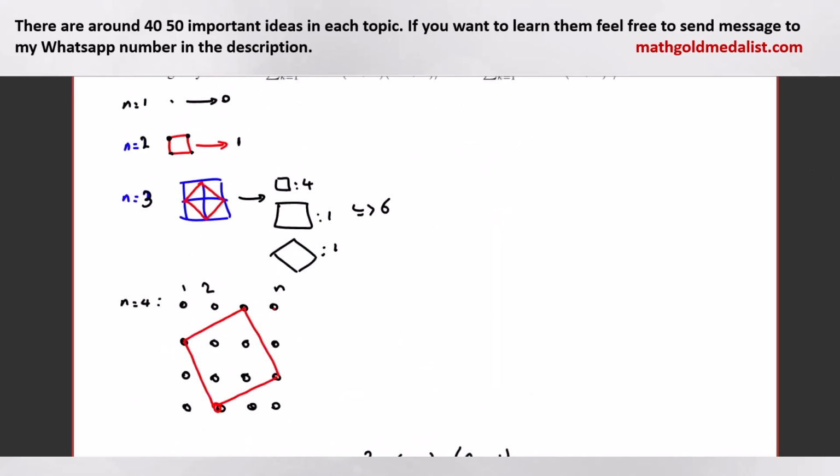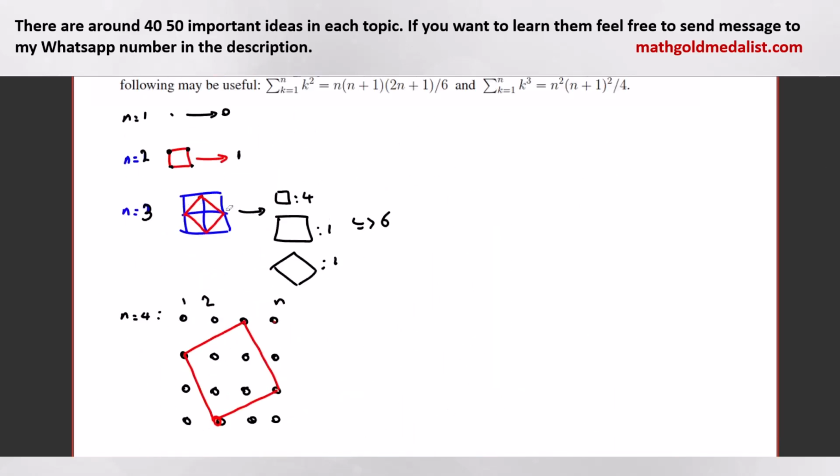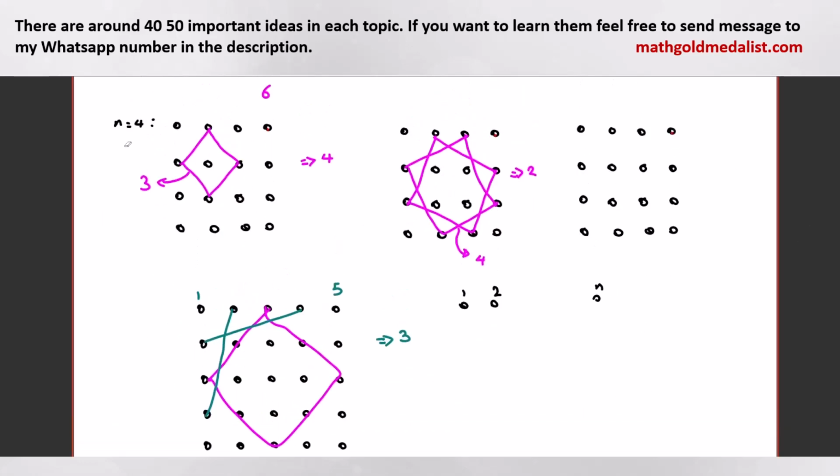This one in 3 by 3, if we determine it for 3 by 3, we have only 1 from this, the tilted one. Agreed? So up to this part, let me write it with, for example, an orange color. So this one is 1, right? In 3 by 3, we have 1 from this type. In 4 by 4, we have 2 from this one. In 5 by 5, we have 3 of this type, right? So can you guess that in n by n, how many of these types we have?